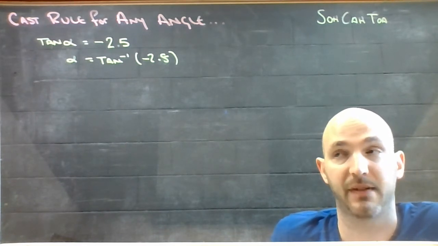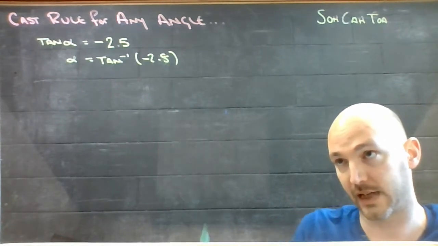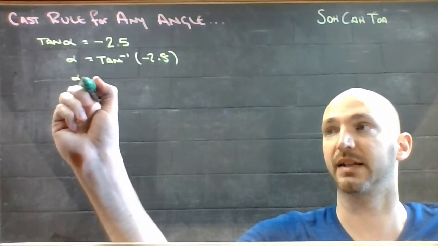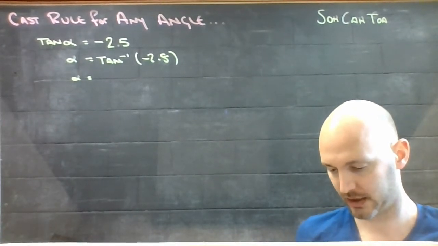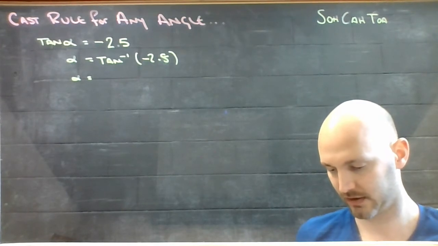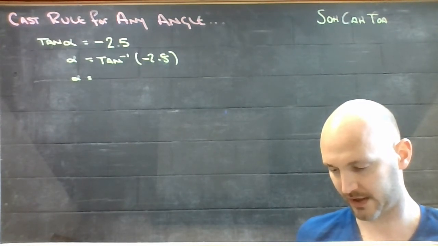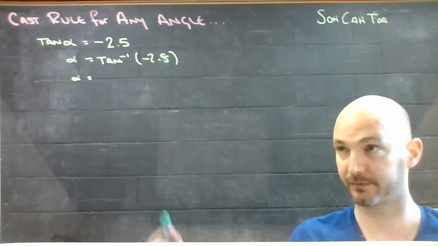So first off, I'm going to have to get my first family member by doing arctan of -2.5. So if I type that into the machine, equals, and if I arctan the answer, I get -1.19.